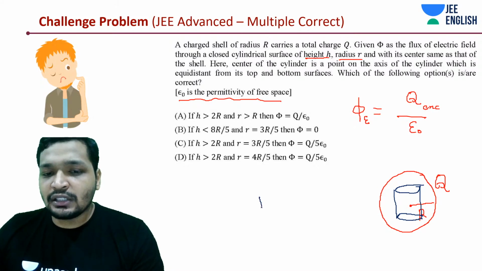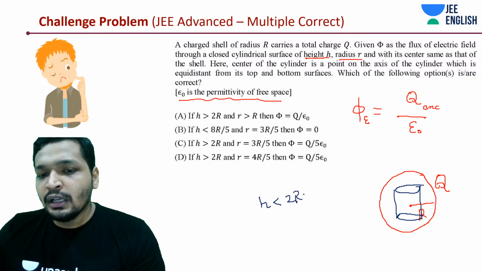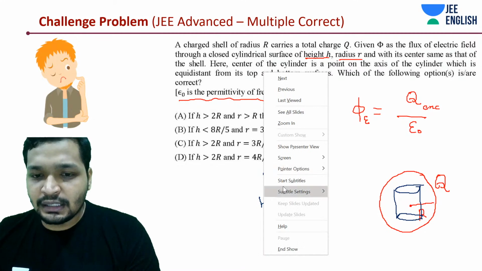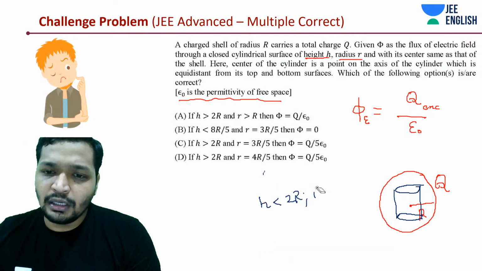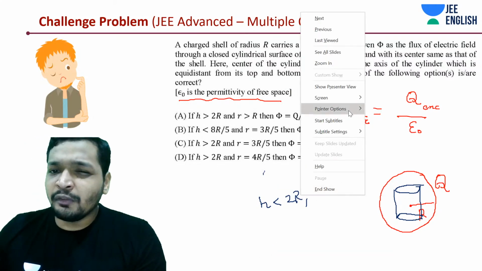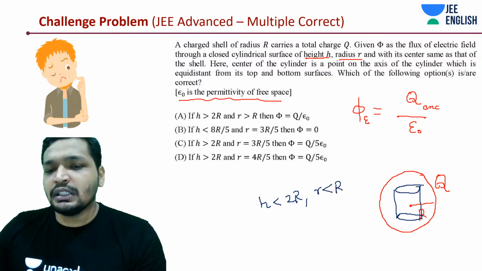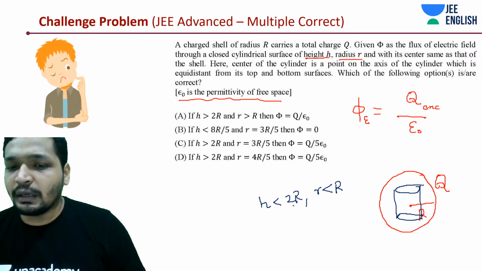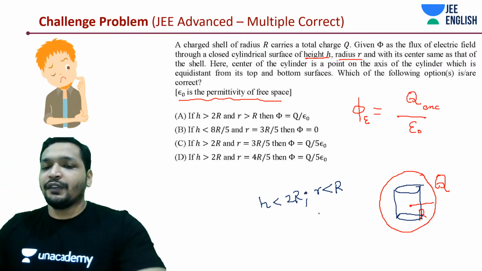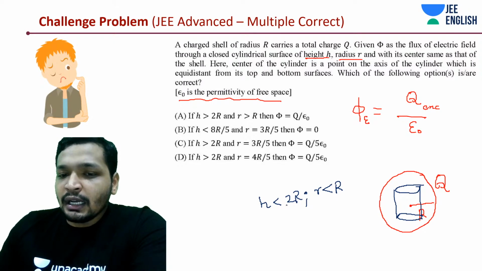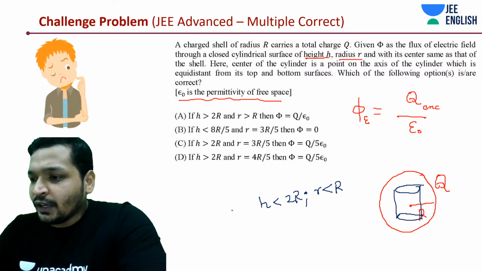Its height has to be less than 2r, and its radius has to be less than r. So its radius is given as small r. Let's write it down as small r. I'm just discussing the question itself because this question is really easy. If you had guessed it just from the beginning, you could have marked at least 1 or 2 correct answers if you analyze this in the beginning itself. So if h is less than 2r and small r is less than r, how much is the flux?